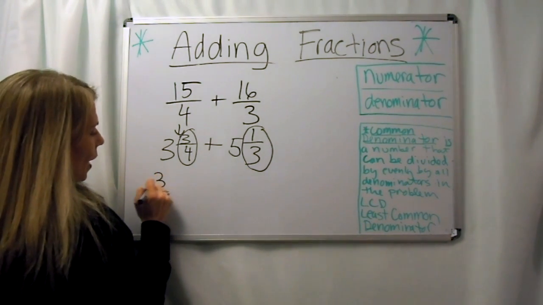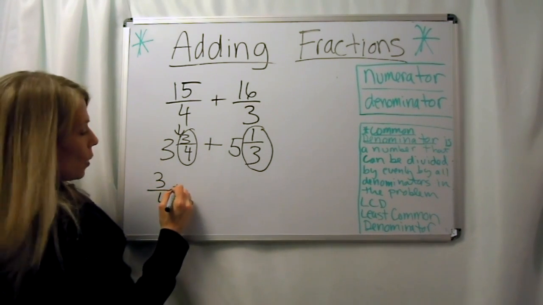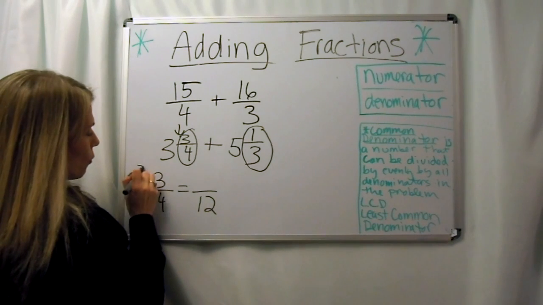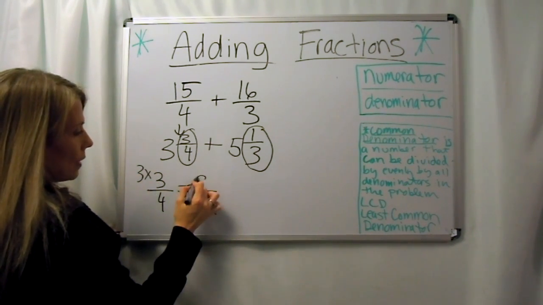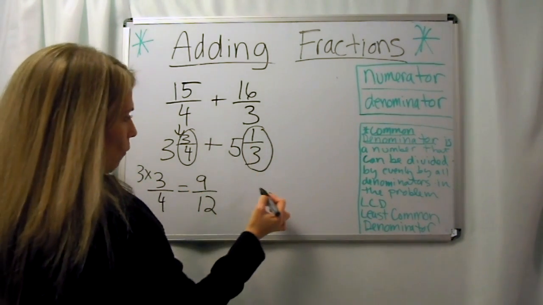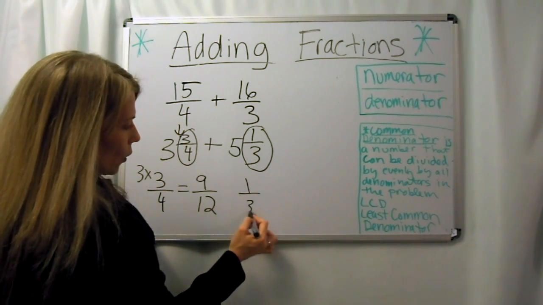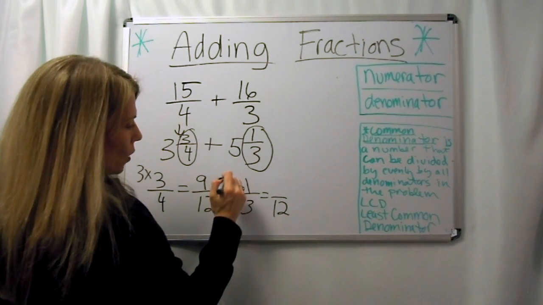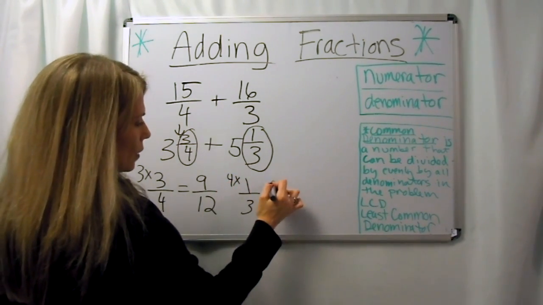So I have to say, okay, 3/4 equals how many 12ths? 4 goes into 12 3 times. 3 times 3 is 9. Now for my 1/3, 1/3 equals how many 12ths? 3 goes into 12 4 times. 4 times 1 is 4.